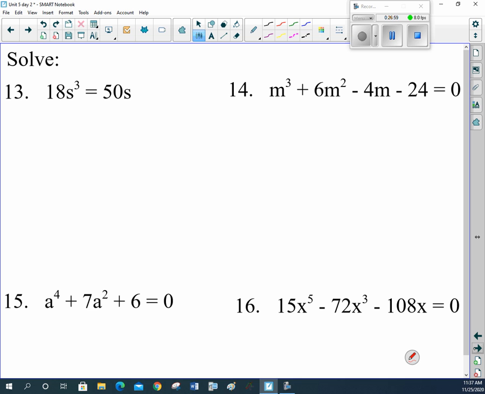Okay, so now we're going to solve, and we could do any of our factoring techniques that we've learned, whatever's based on our scenario here, we're going to figure out what our answer is. So first of all, if I'm going to solve this, I'm probably going to put it equal to 0 and go from there. So 18s to the third minus 50s, I'm going to make that equal to 0.